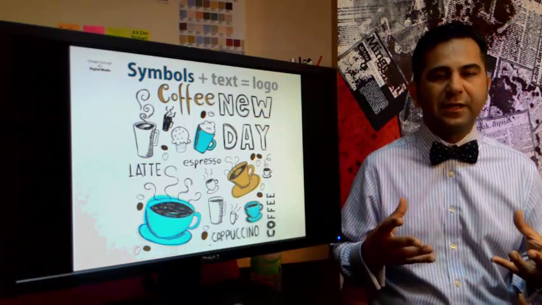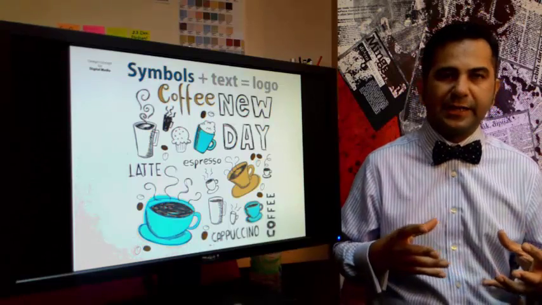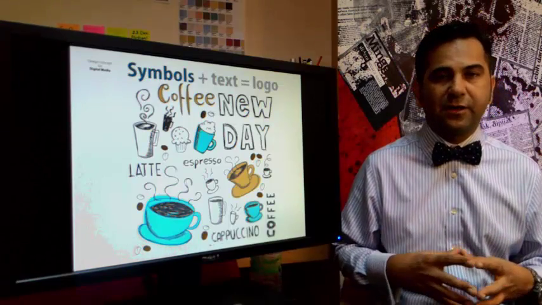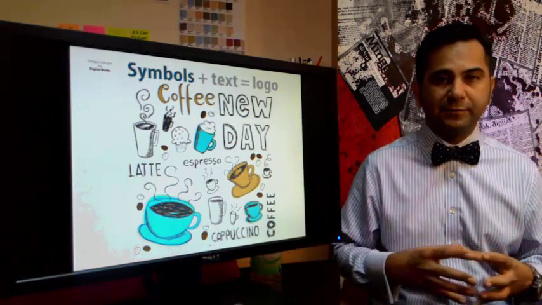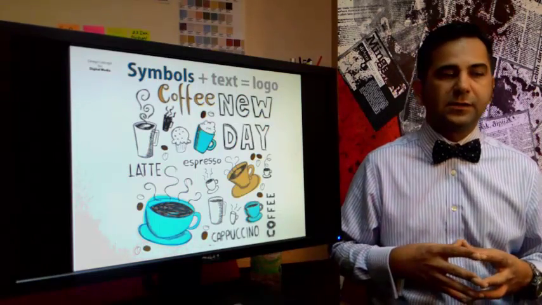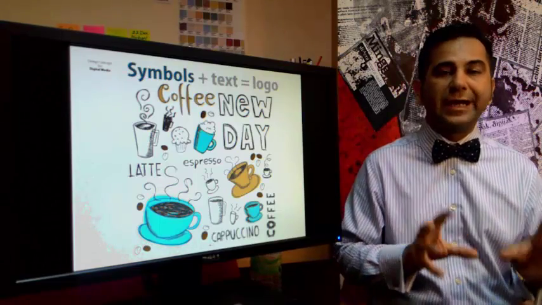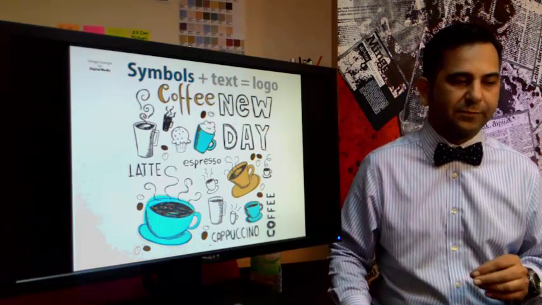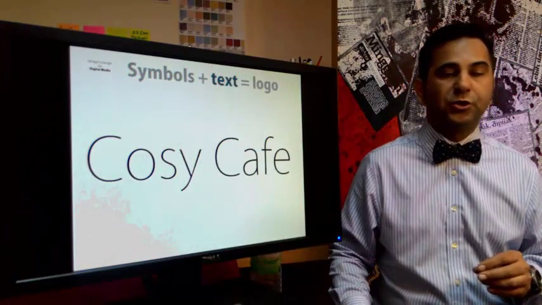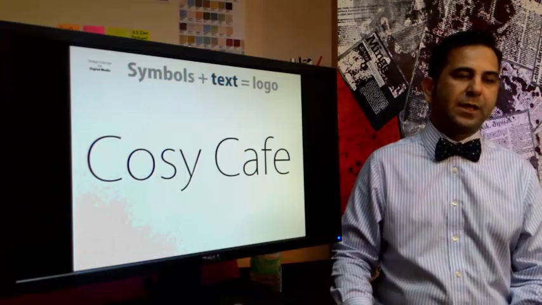Usually in a cafe, the people that are coming to sit, relax and drink a nice coffee and spend some time to socialize with people or to talk to someone. So you need to find out some simple symbols that are related to that industry. As I already told you, I chose the name Cozy Cafe, so I'm going to create it.